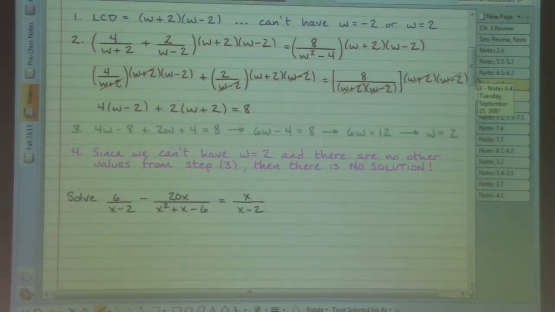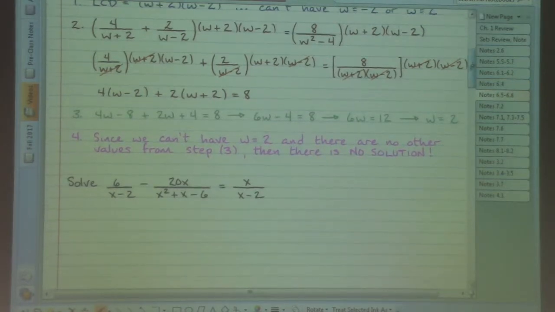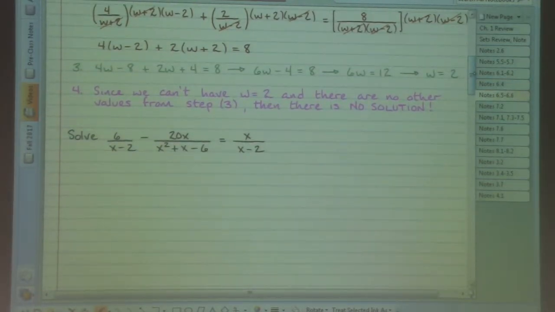But again, what we want to do is emphasize the process here and make sure that you can get comfortable with the ideas of what's happening. So if we take a look at another example and work this one out together, what we are doing here at first is factoring any of the denominators that need to be factored so that we can pick out a least common denominator to use for our first step.